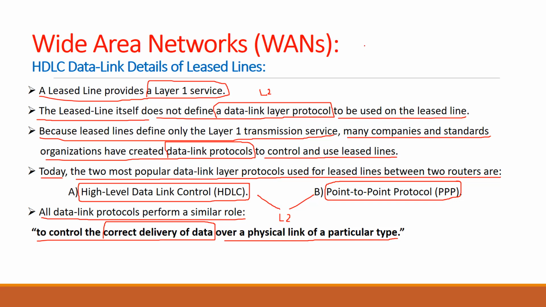When we have a router here and a router here and a leased line between these two routers, we must use a layer 2 protocol, one of these two, HDLC or point-to-point protocol. Why? To control the correct delivery of bits or data over this physical link.